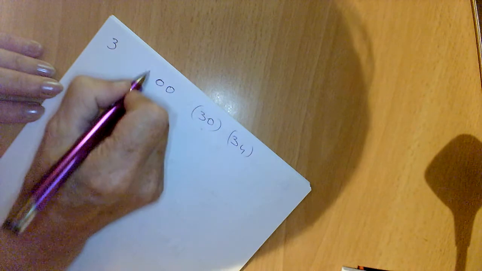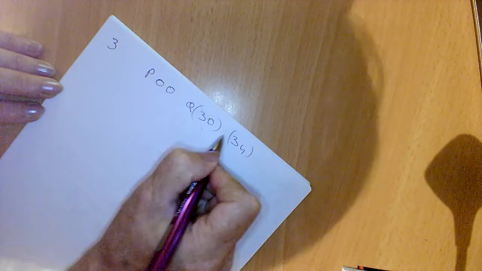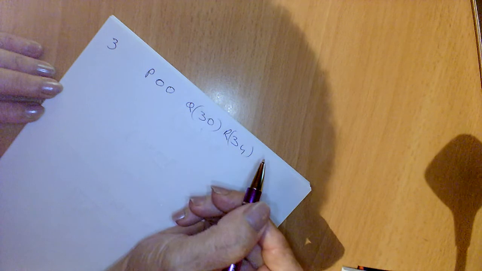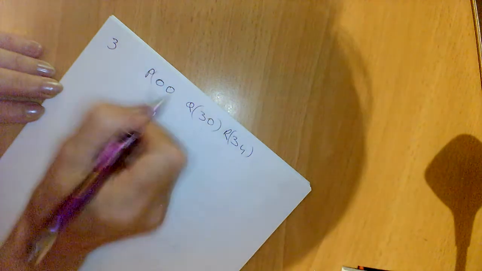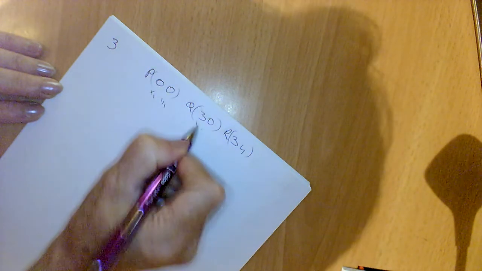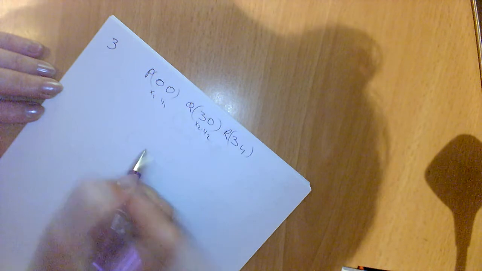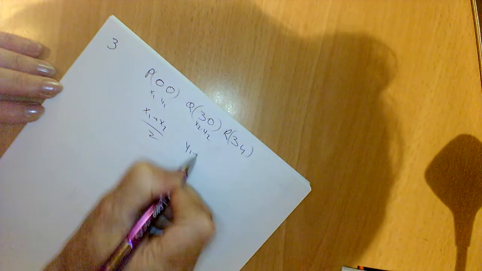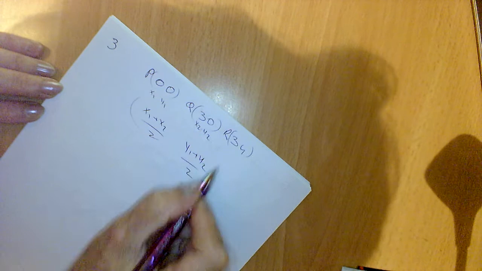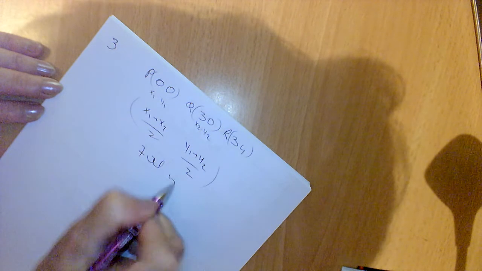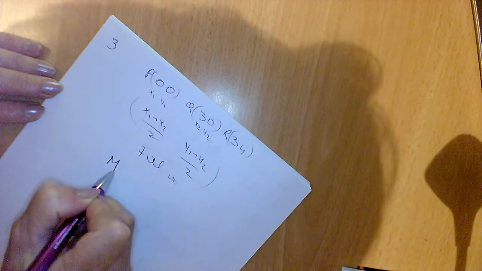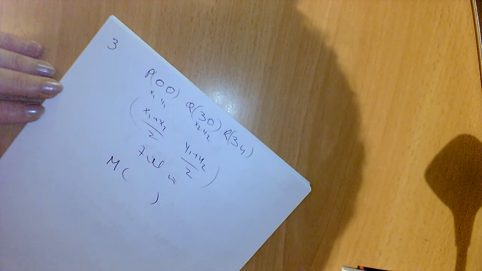They all have a name. You have P, you have Q, you have R. Find the midpoint of PQ. So you have x1, y1, x2, y2. Write out your formula: x1 plus x2 over 2, y1 plus y2 over 2. Fill in, and you have your midpoint. And call it M, whatever answer you get.